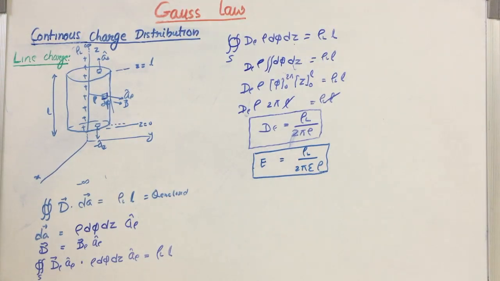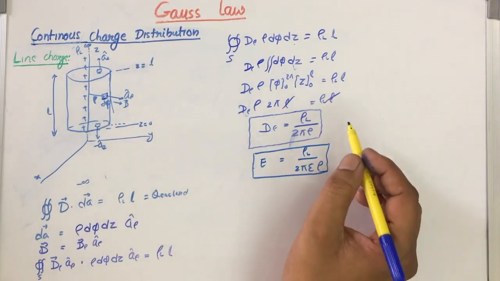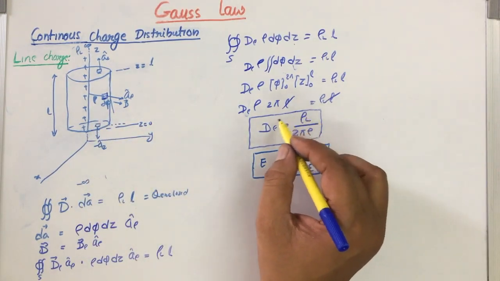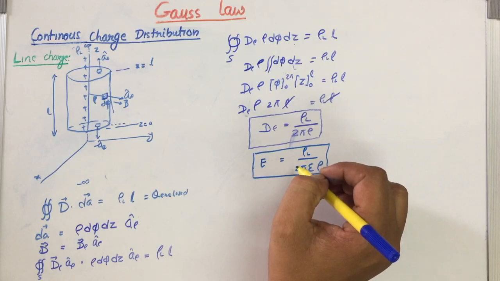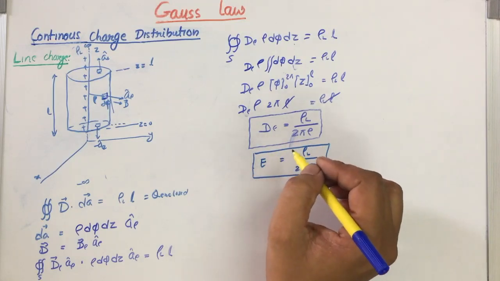So in the case of a line charge, the electric field can be derived with the help of Gauss's law, and the electric flux density can be obtained with the help of each other.